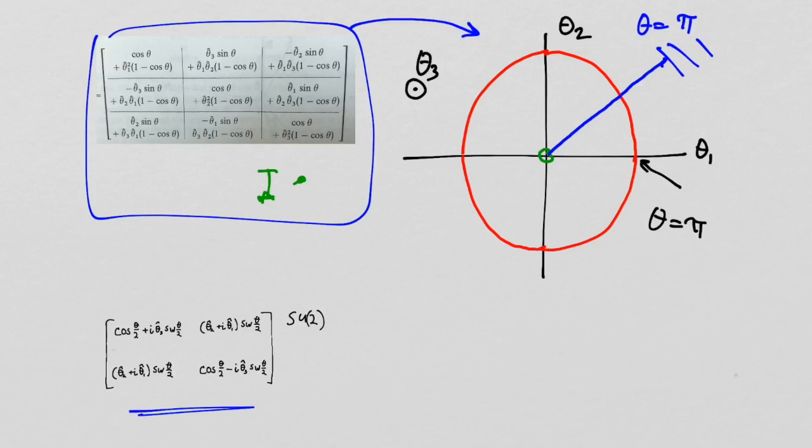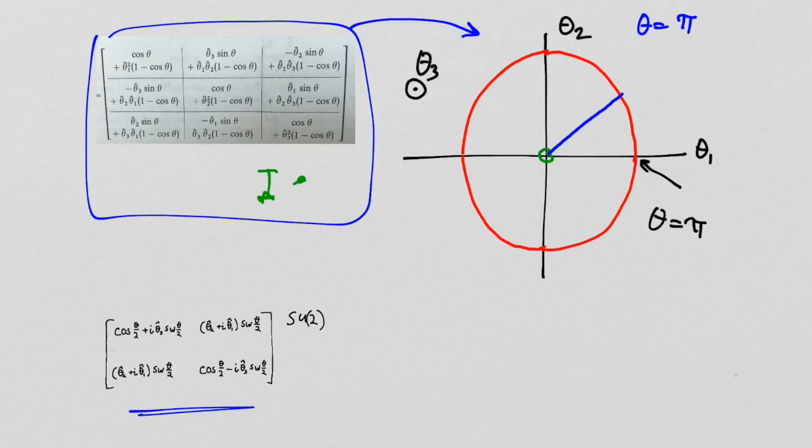So we said, forget all the points out here. We'll just consider all of the points inside a sphere of theta equal pi, because that captures every element of the group. But we do notice a problem at theta equals pi.